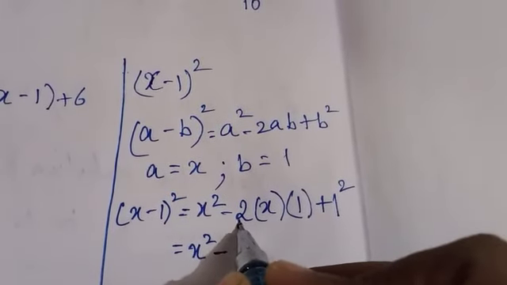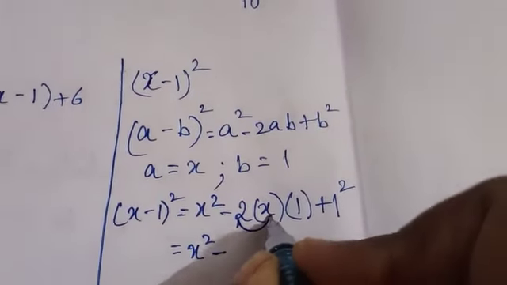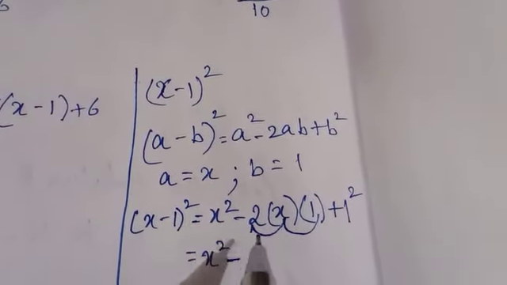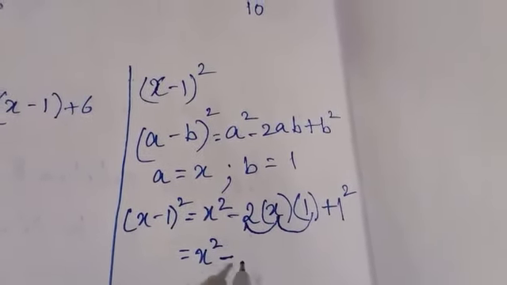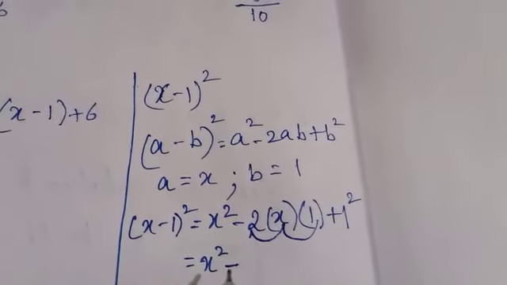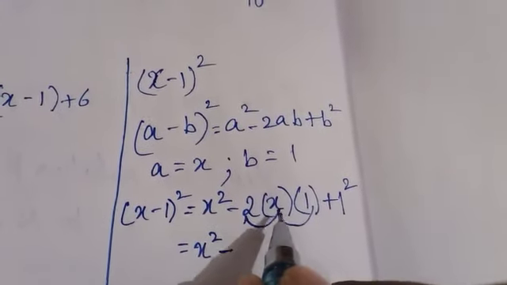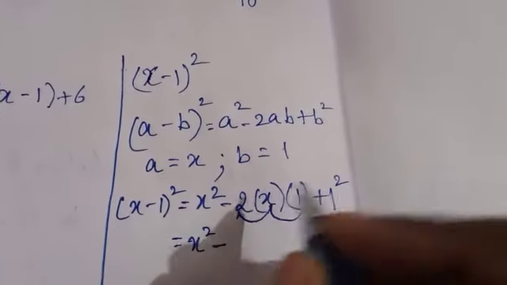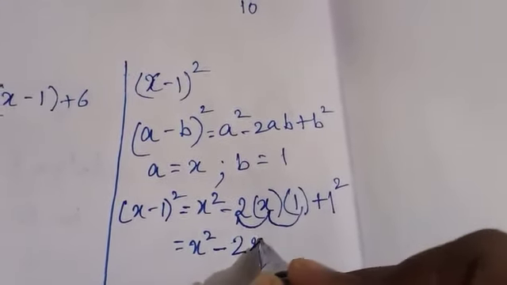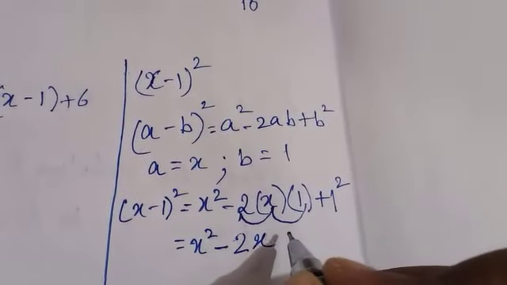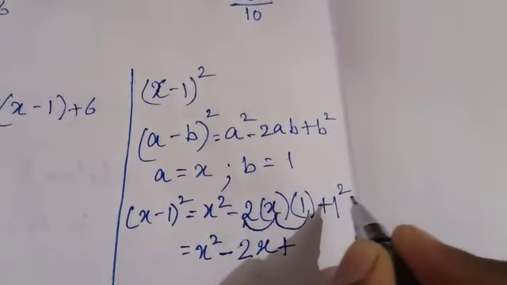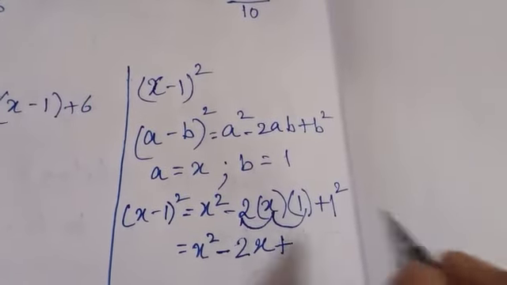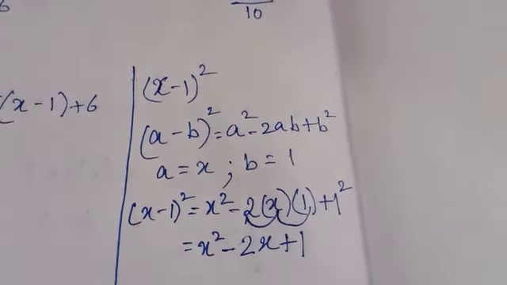We have to multiply this 2 into x and then into 1. So first we have multiplied the sign, right? Minus into plus is minus. So 2 into x is 2x, and 2x into 1 is also 2x. So I'm writing 2x. Now the last one is 1 square. 1 square is nothing but 1 into 1, so 1 ones are 1.